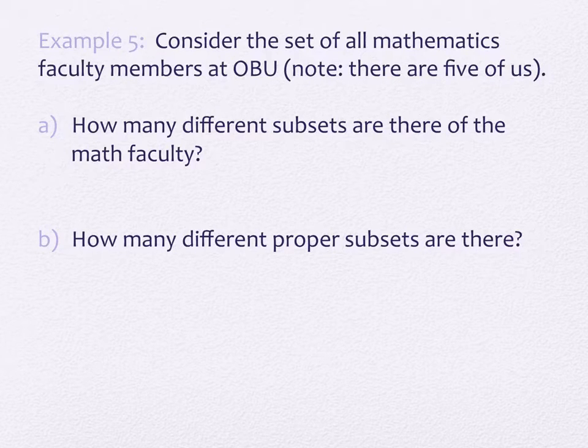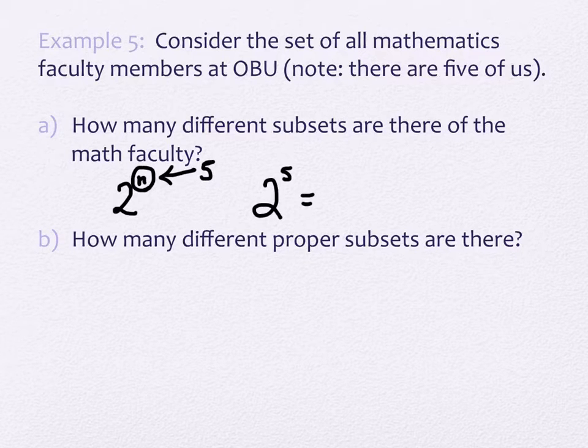According to the theorem we just saw before, this would be 2 to the n. But what is n in this case? 5, because it said there are 5 math faculty. So this is really 2 to the 5. What is 2 raised to the 5th power? 32 is correct. So there are 32 different subsets of math faculty.